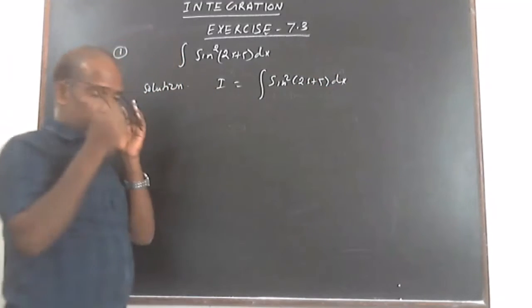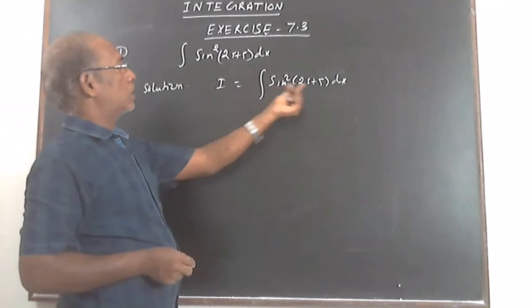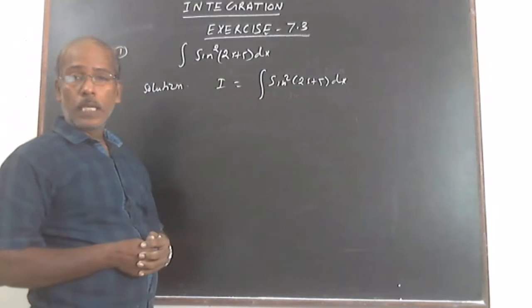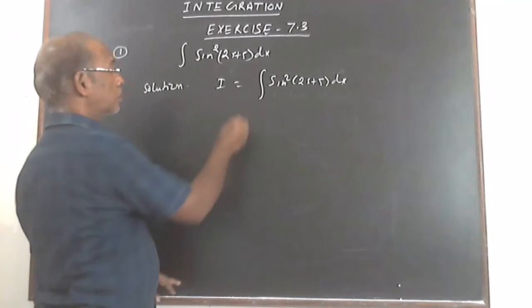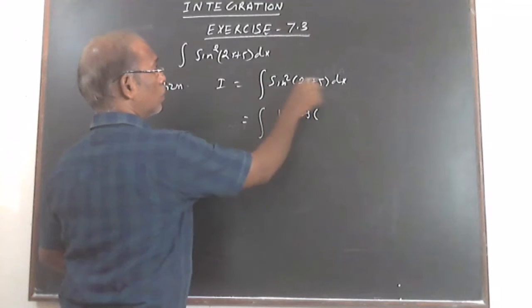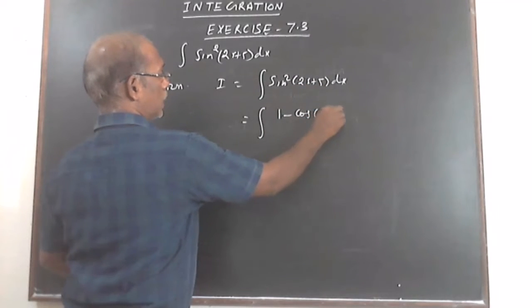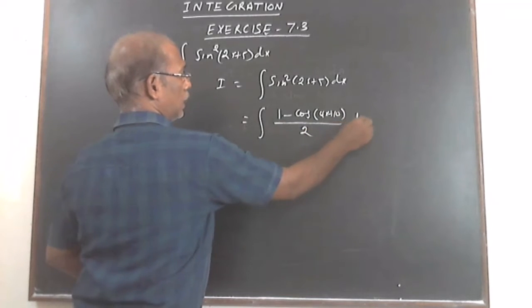Dear student, sine square theta using the identity (1 minus cos 2 theta) by 2. So 1 minus cos of twice the angle, 4x plus 10, by 2, dx.